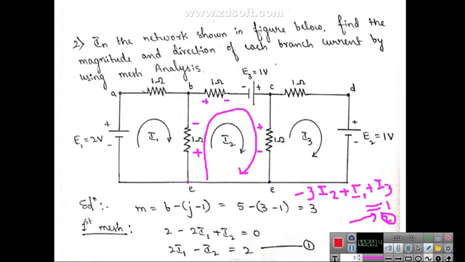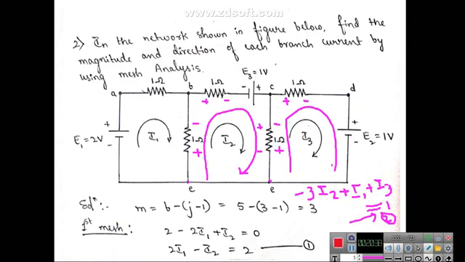Similarly, you can write the mesh equation for mesh number 3. Consider this mesh 3. The polarity for these resistors is plus minus, plus minus. You need to start from this point and write the KVL equation for this mesh.